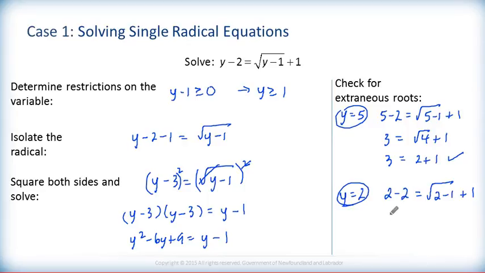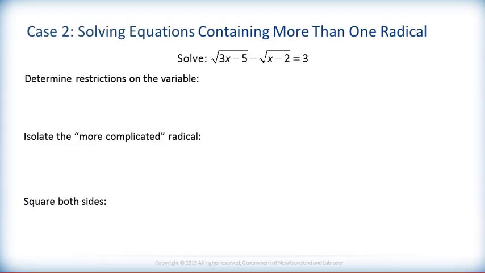Likewise, we put the 2 in: 2 minus 3 is negative 1 on this side, and we get the root of 1 plus 1, so negative 1 is not equal to 1 plus 1. So even though 2 passes our restriction, it is still extraneous. I'll write that down.